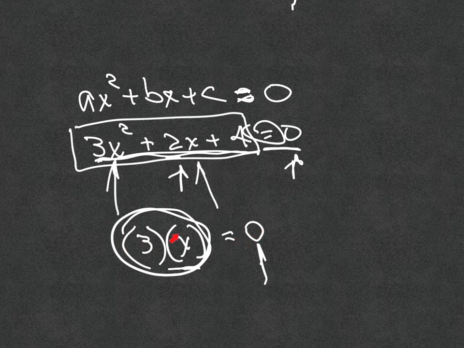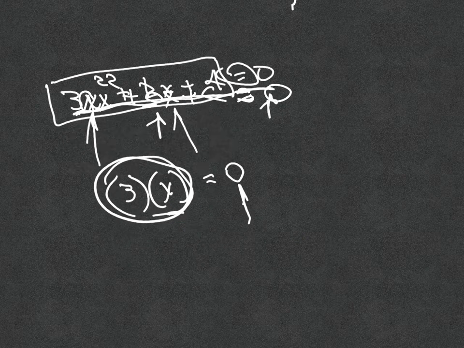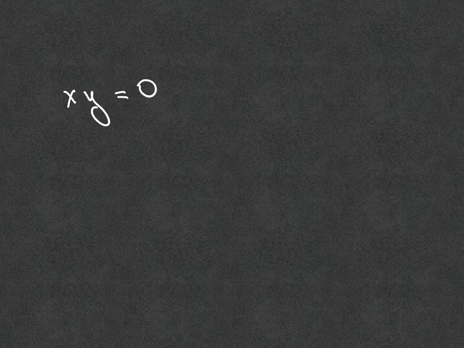This is going to be important shortly, so keep that in the back of your head. If we multiply an x and a y together and get 0, which one of these is 0?